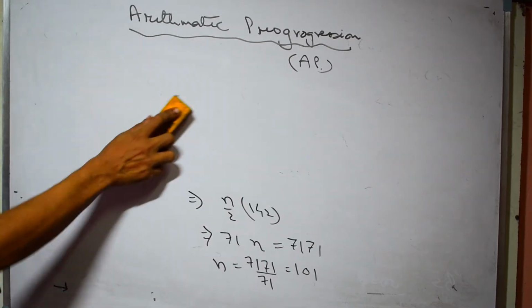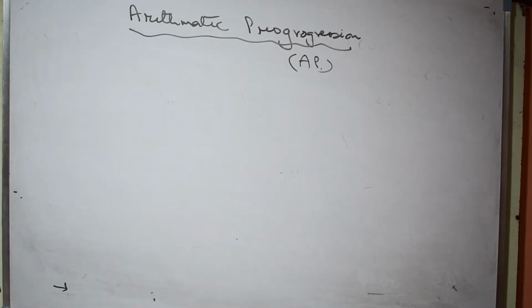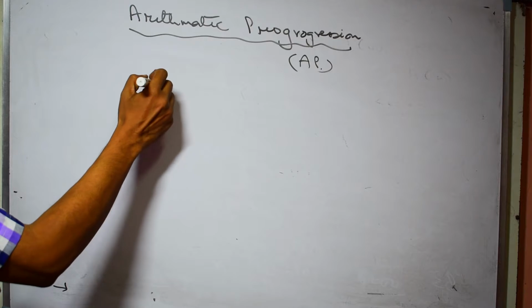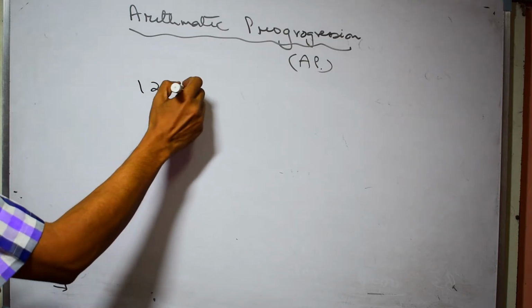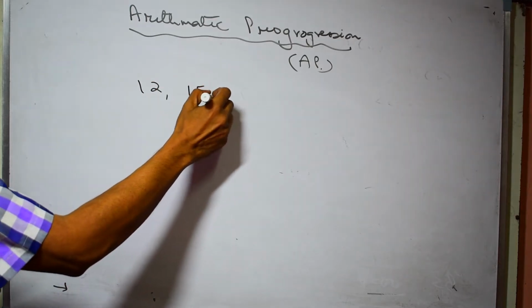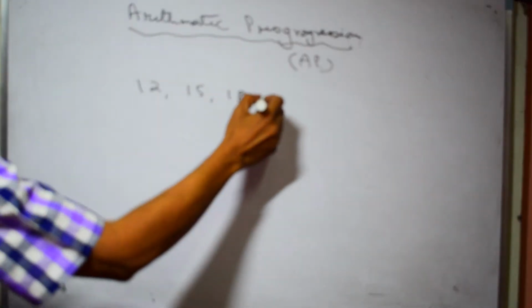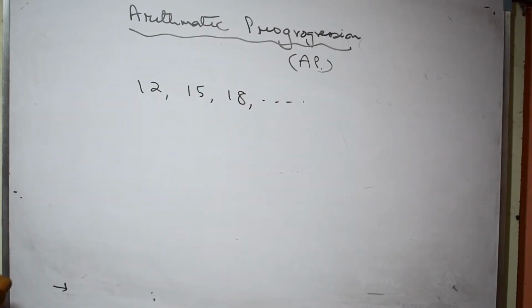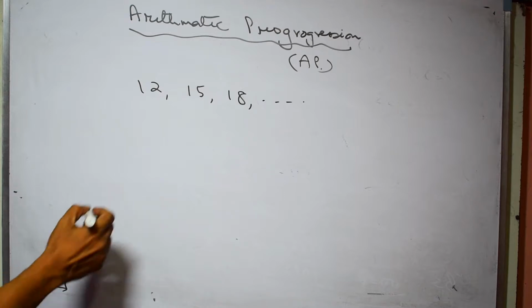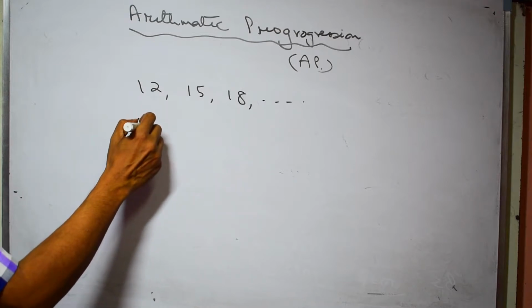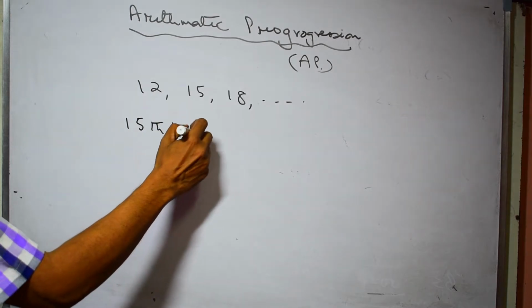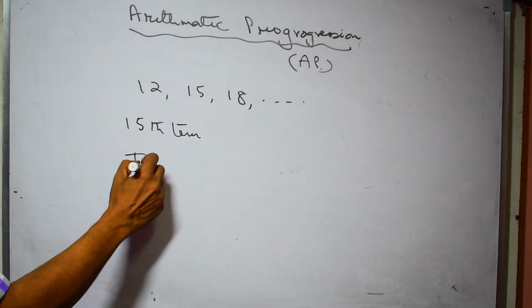We can have some more problems in this question. If I have something like 12, then 15, then 18, and if you want to know a particular term, like the 15th term, in that case we will write T15.